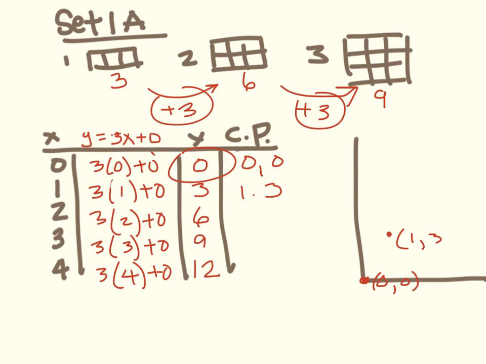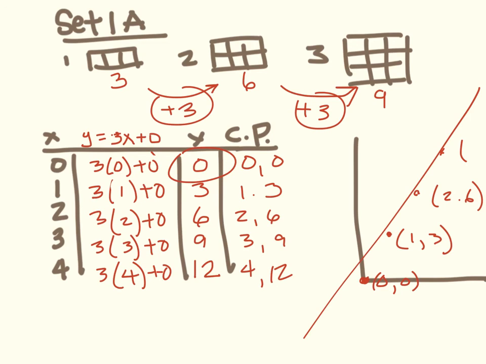The next one is 2, 6, over 2, up 6. And of course you can see the pattern, over 3, up 9. And I'm out of space, so I can't put any more, but you can put one more, which will be 4, comma 12. And then you draw your line straight through it.